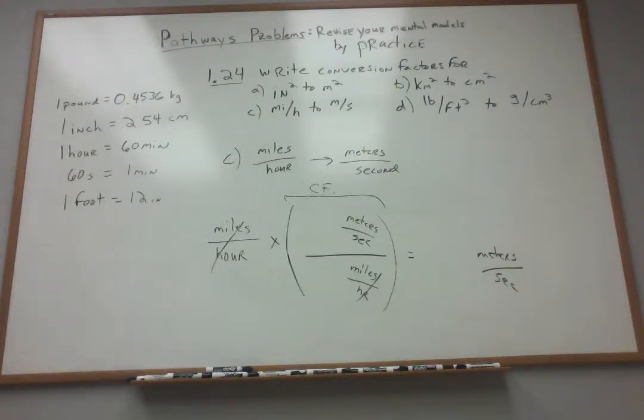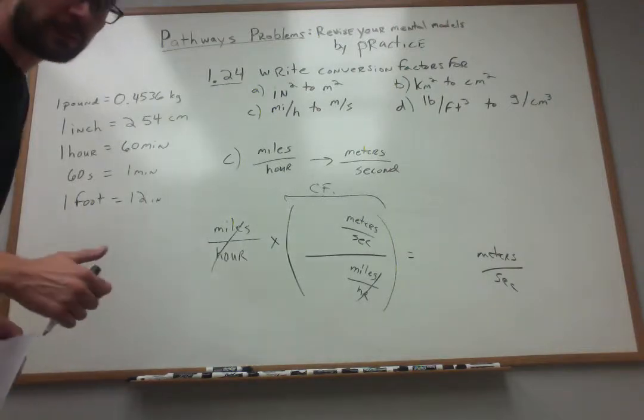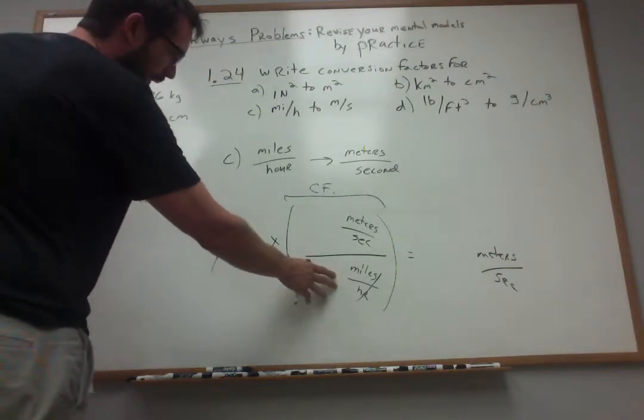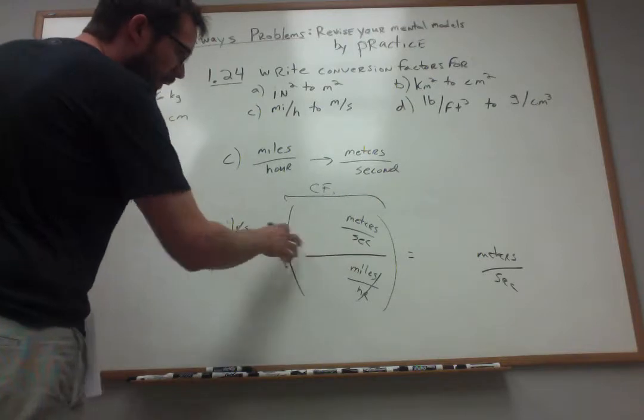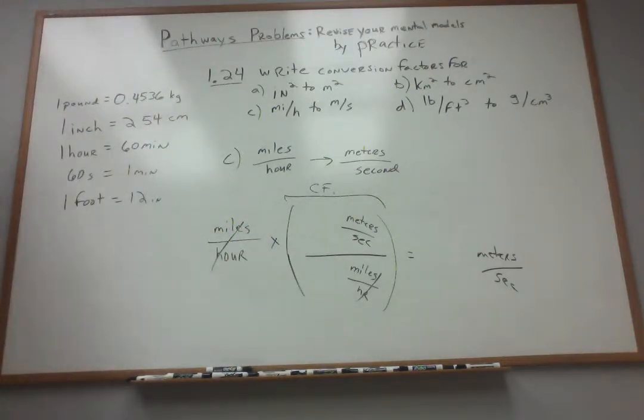Okay. Well, in some cases, what I can encourage you to do is generate your own numerical factor, and the way I'm going to choose to do that here, just to make things simple, I'm going to think about a velocity of 1 mile per hour and try to figure out how many meters per second that corresponds to.